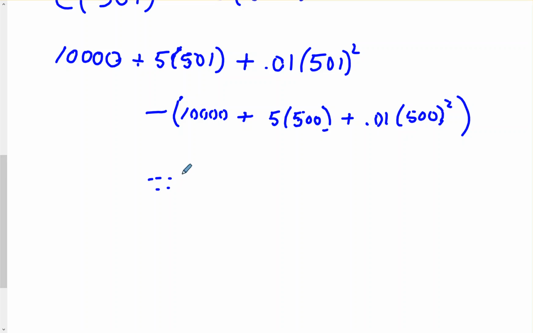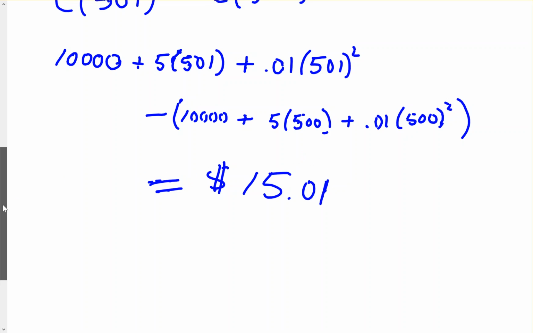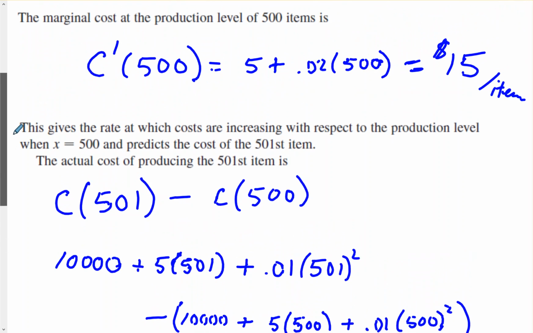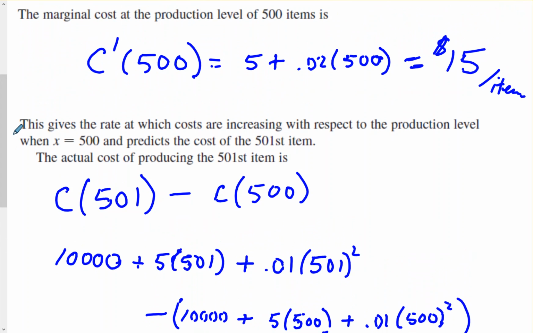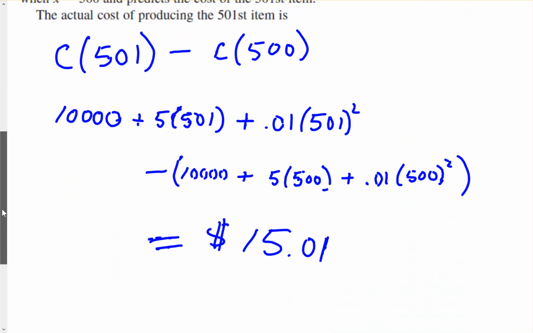Then we'll end up with $15 and 1 cent. So notice the $15 per item that we got earlier is actually very close to the number we calculated when we wanted to find out the actual cost of the 501st item.